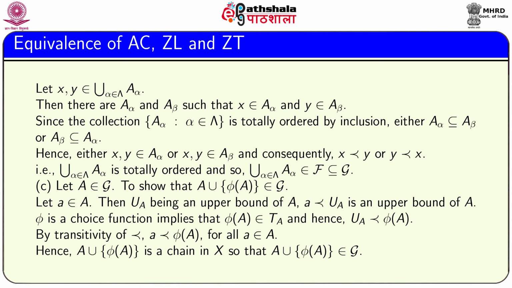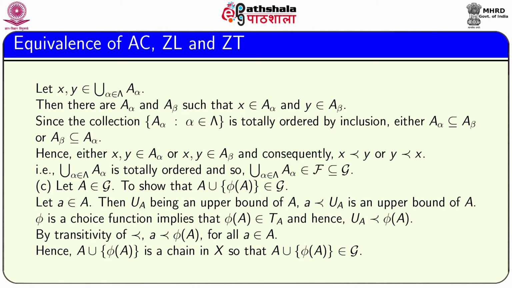Hence, either the points x and y are both inside A alpha or both inside A beta, and consequently x precedes y or y precedes x. That is, union A alpha is totally ordered, and so union A alpha belongs to script F contained in G.